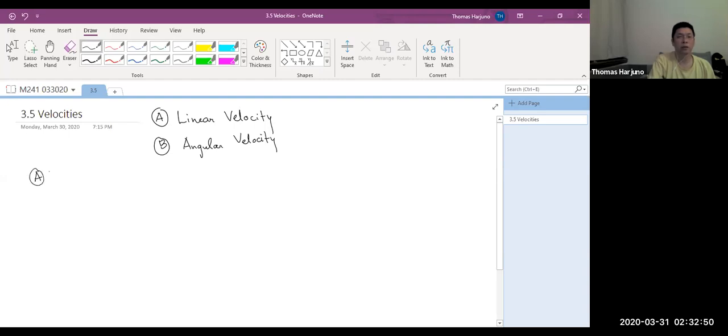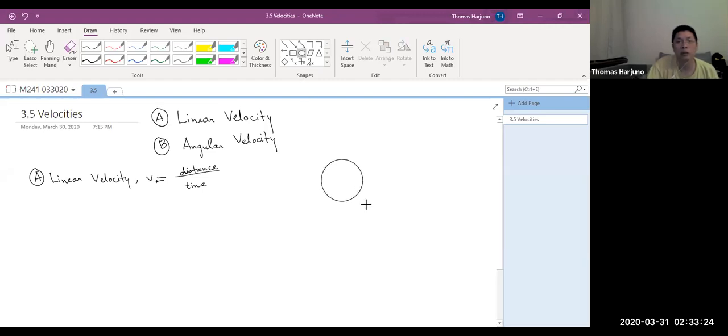Now, linear velocity, denoted by v for velocity, is defined to be the distance traveled divided by time. So just a regular velocity definition that we had before. But this time we apply that on a circle.